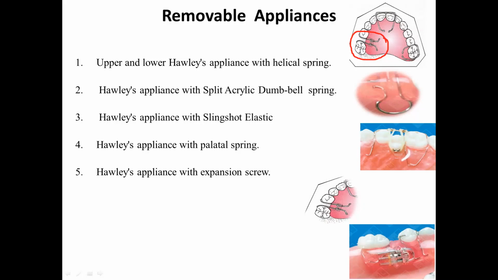Another type of appliance is again Hollis, because the removable appliances we use are usually Hollis appliances. This Hollis appliance was with the helical spring, as I told you here. Another way to fabricate the Hollis appliance is to make the same plate but split the plate from here.